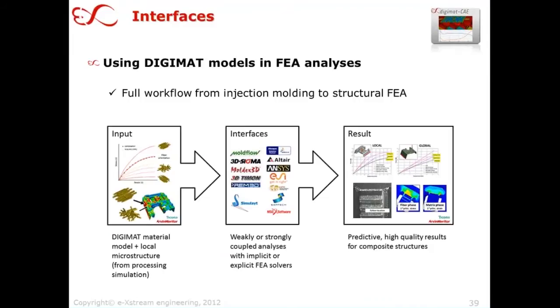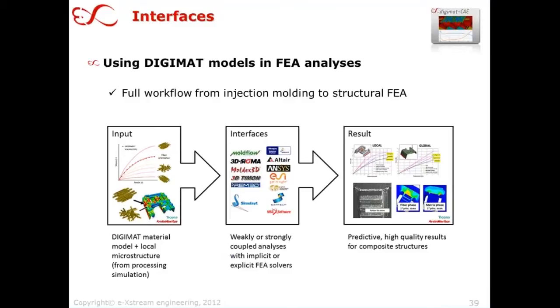And for how to use the DIGIMAT model, you would take the DIGIMAT CAE module, and what's behind that, in terms of injection molding, is that we can interface with all big injection molding codes on the market, so Moldflow, Sigmasoft, Moldex3D, 3D TIMON and REM3D, and so on.